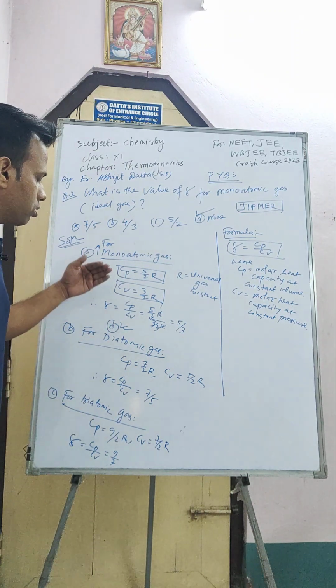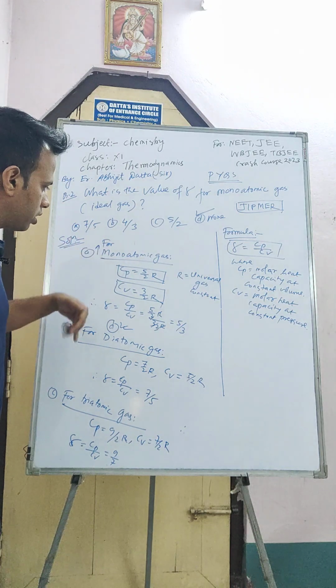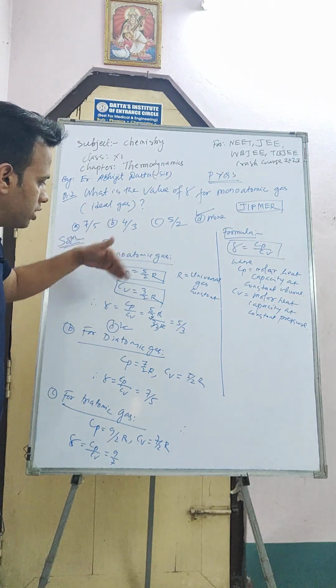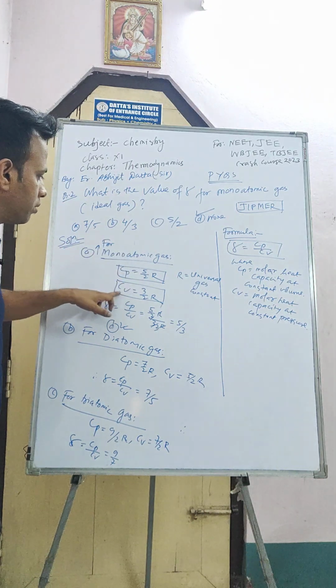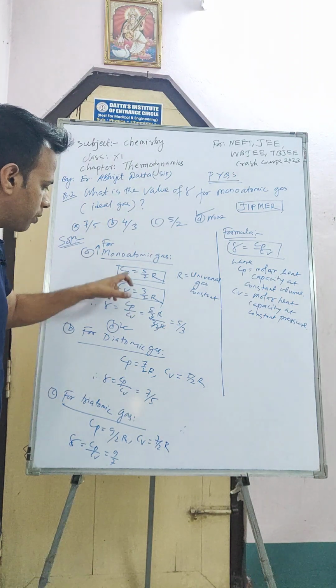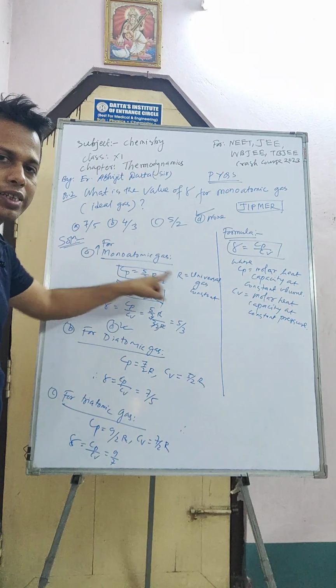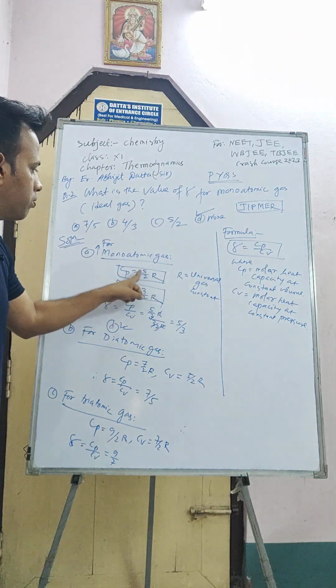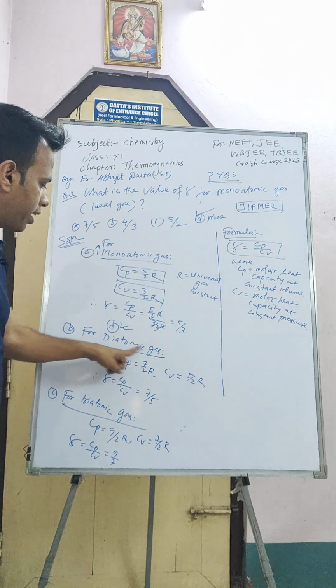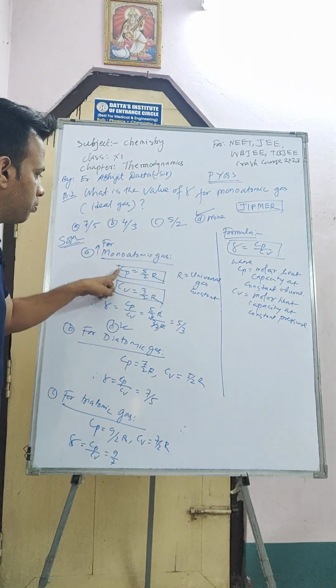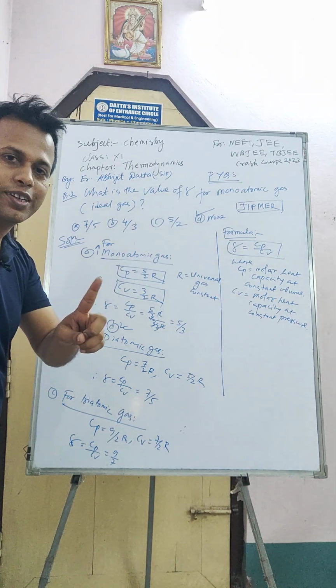Okay, so see, there is a relationship between the increase of Cp. Here Cp is 5 by 2R and Cv is 3 by 2R, and here Cp is 7 by 2R. There is plus 1 added each time. That is, for diatomic gas, Cp will be Cp for monatomic gas plus 1, isn't it?